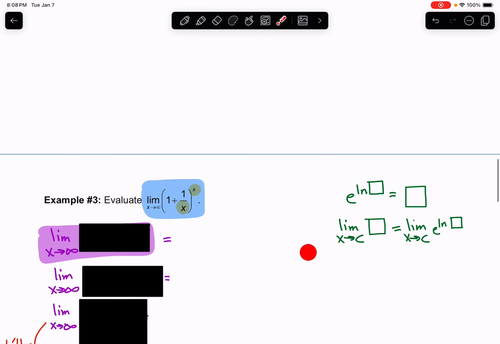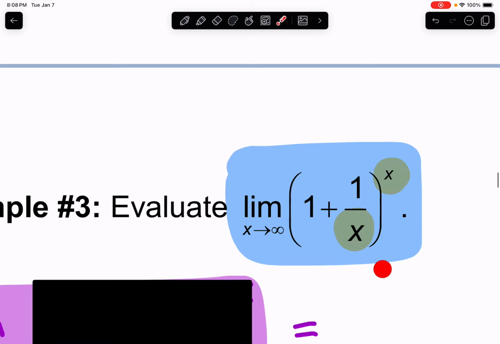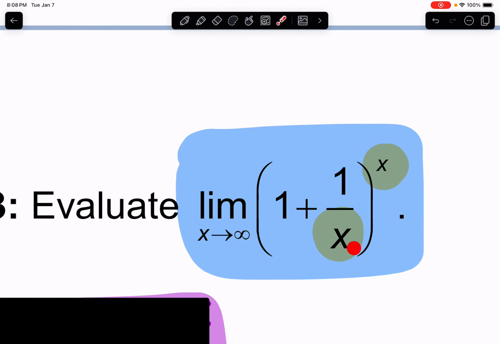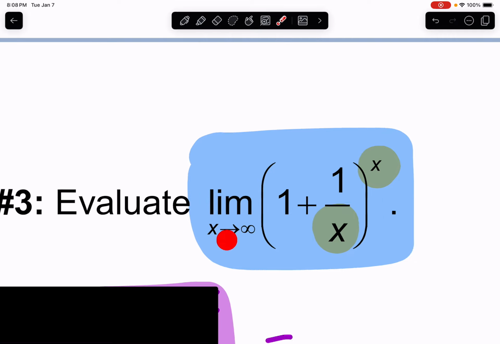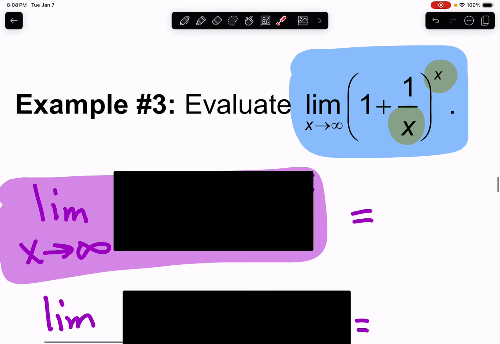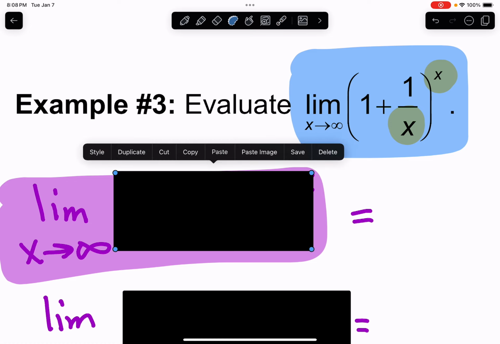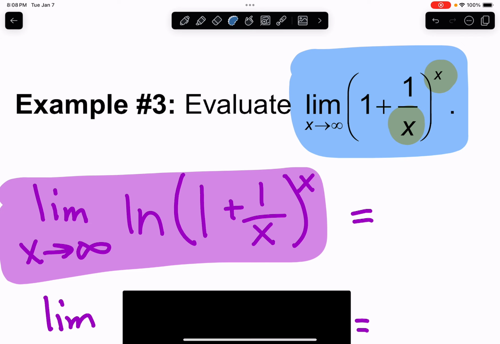So let's take a look at our example. The first thing to notice here, limit as x approaches infinity, and I've highlighted this in orange, is that we have something with a variable raised to a variable power. When we have something like this, I'm actually not going to do the limit of this function. Instead, I'm going to do the limit of the natural log of that function.